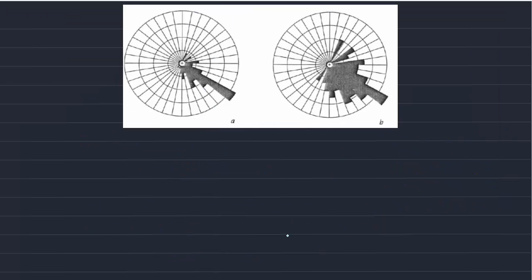So here's a possible solution. The first diagram shows the first case where the area is proportional to the number of measurements squared.